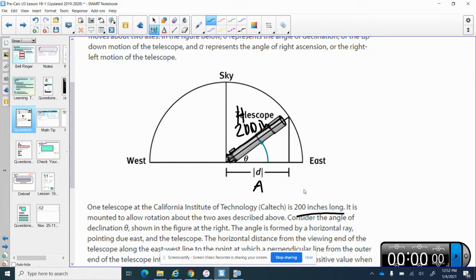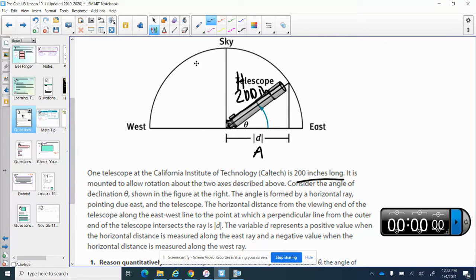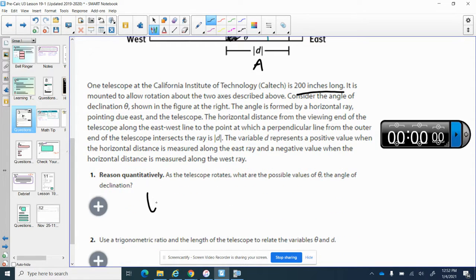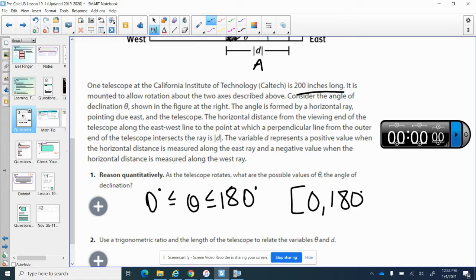So we're dealing here with a more limited graph than what we would normally see. If we're just looking at this east to west portion, we're limiting this to be between 0 degrees and 180 degrees, or 0 to pi radians, but we'll go with degrees for now. This input value here is another way of representing that.